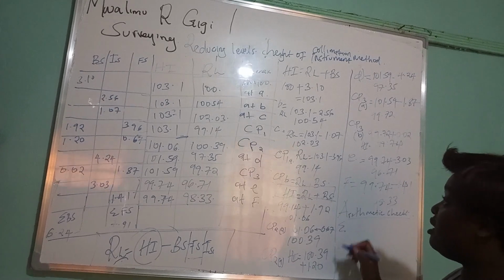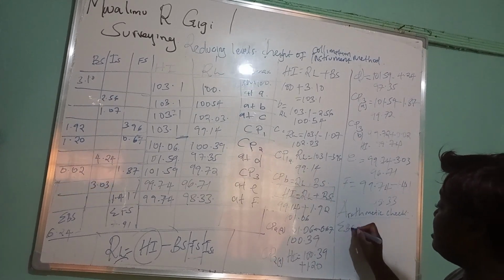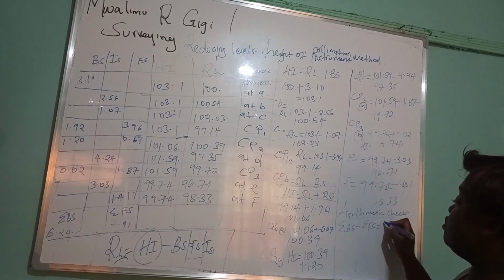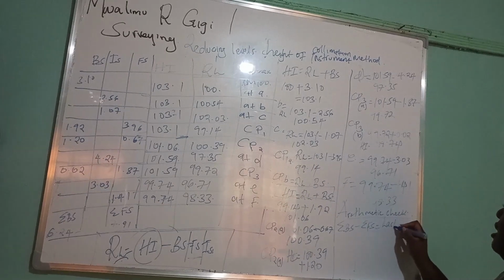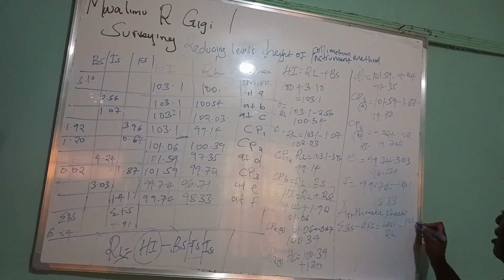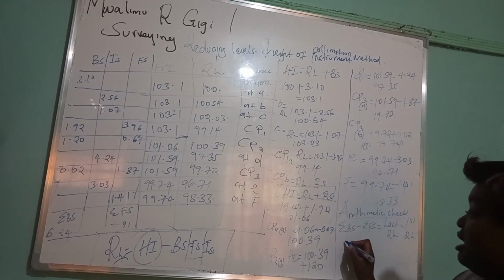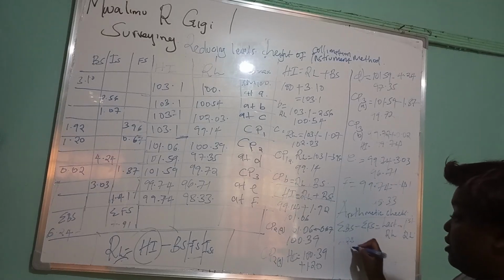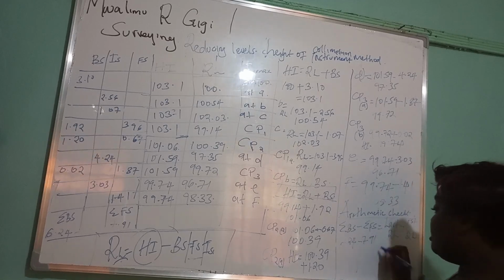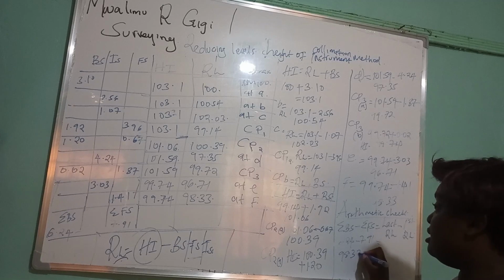The arithmetic check for height of instrument is the sum of backsight minus the sum of foresight, which should be equal to the last reduced level minus the first reduced level. So the sum of backsight is 6.24, and the sum of foresight is 7.91.